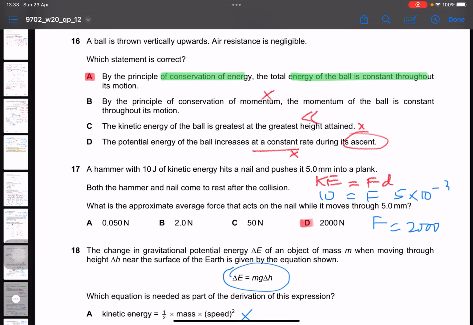And then, the potential energy of the ball increases at a constant rate during its ascent. No, sorry, this one, increases at a constant rate during its ascent. No. So the answer is A.